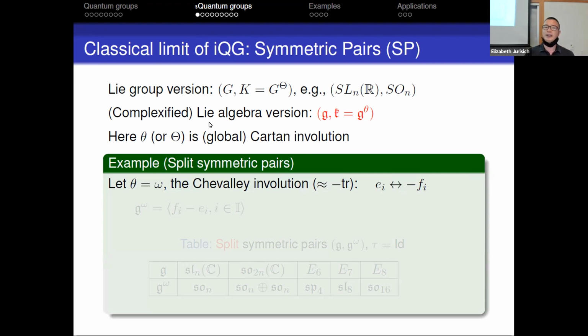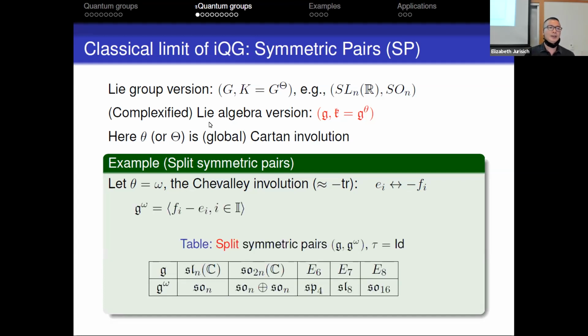That's basically the conjugate transpose of the matrix, in the case of a matrix Lie algebra, after a sign. And so it switches the Chevalley generators e_i and f_i after a sign. The sign is not important, but h_i will go to minus h_i. And the fixed point subalgebra in this case is generated by f_i minus e_i. In the case that g is sl_n(C), this Lie algebra is so_n(C).